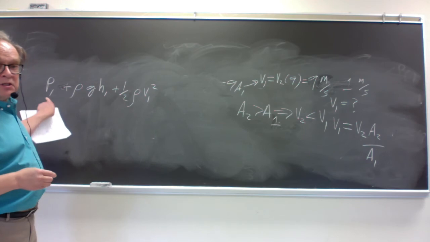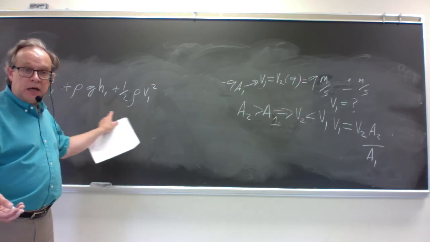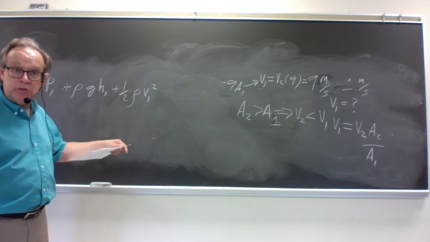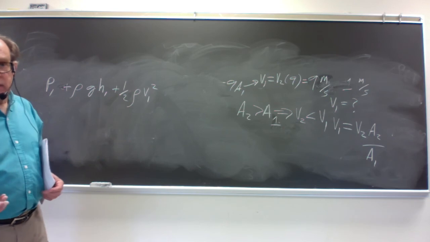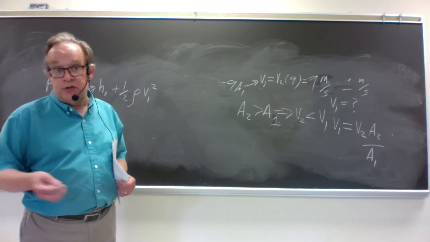Bernoulli's principle tells us that this combination of things is uniform. This combination of things is the same at every point. And in reading through section 5, you saw that was basically because of conservation of energy.